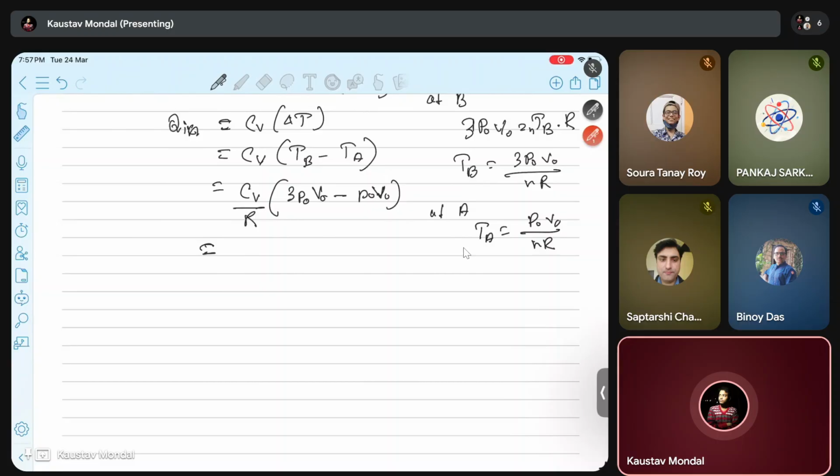Now for CV by R you can write it as 1 by gamma minus 1 into P0 V0.